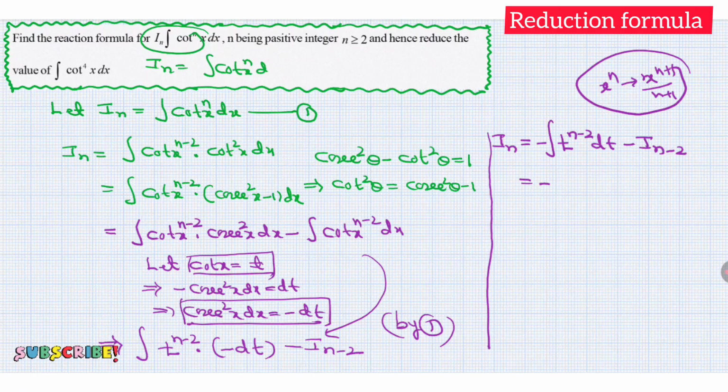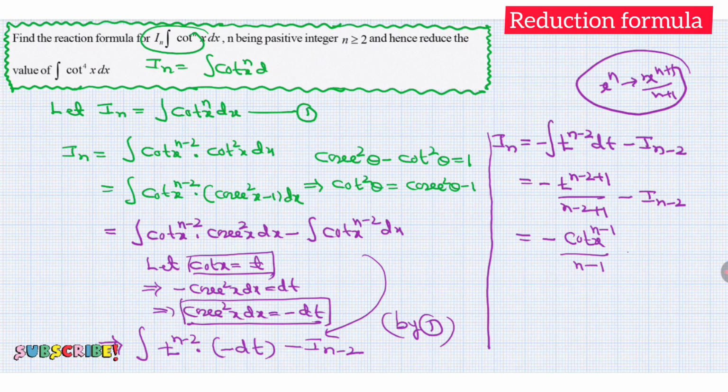So here t power n minus 2 plus 1 by n minus 2 plus 1 minus I n minus 2 is equal to minus, t value we know is cot x, cot x power n minus 1 by n minus 1 minus I n minus 2.